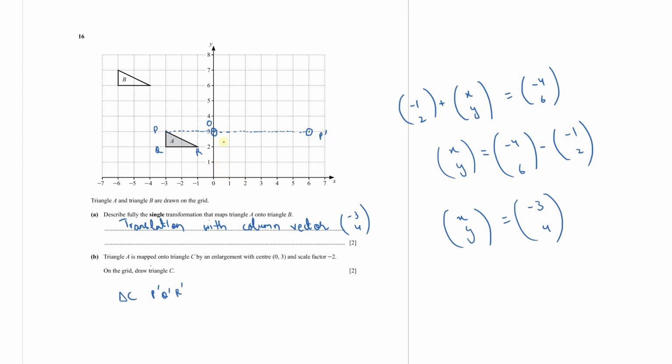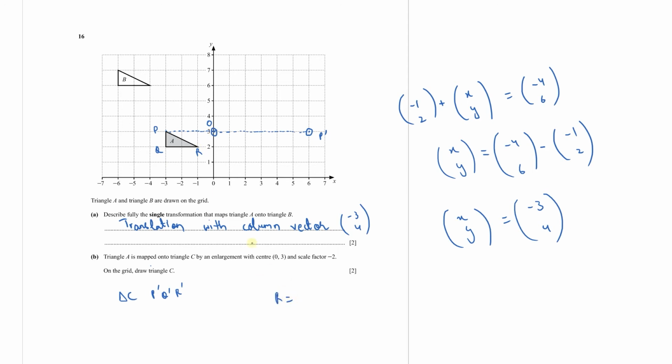The other way is to use column vectors. Let's map this point R using the column vector method. For that, you consider the center of enlargement as your origin. So what are the coordinates of R with respect to the origin?